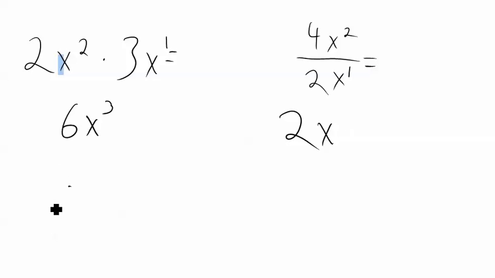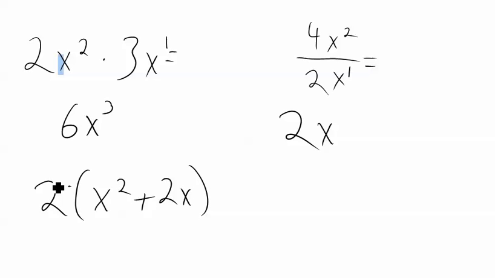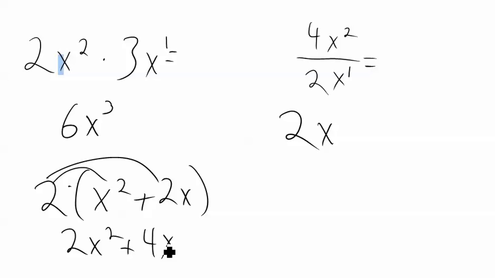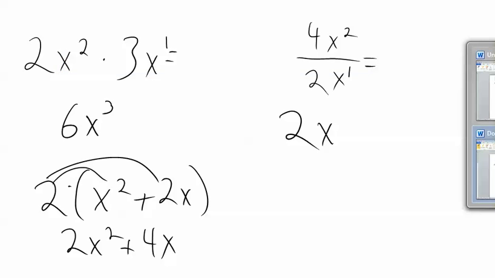Then also, just to remind you about distributing, if we have 2x squared plus 2x, remember to distribute, we'd multiply the first one. We have 2x squared plus 4x.